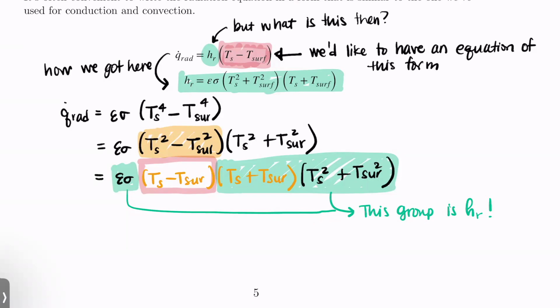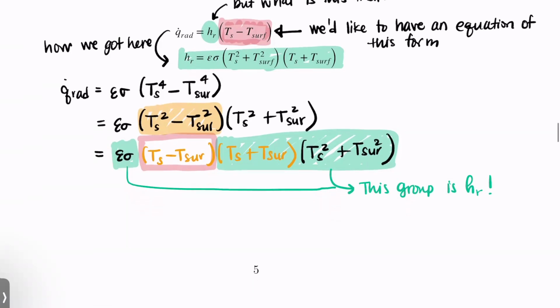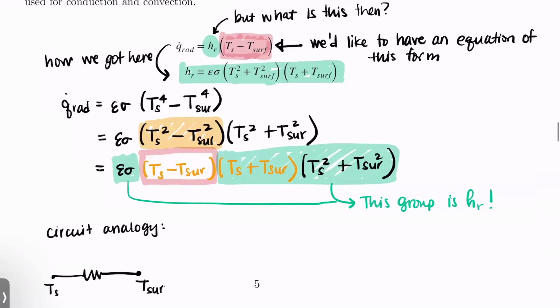Okay. Real quickly, I'm going to show you the circuit analogy for this. So we have Ts connected with a resistor to T surroundings. And there's a typo in here. There should be no F on these ones.